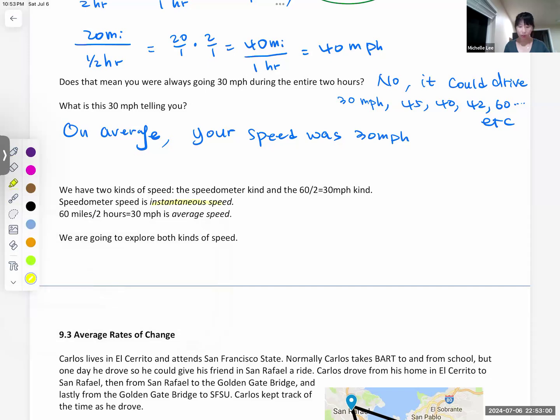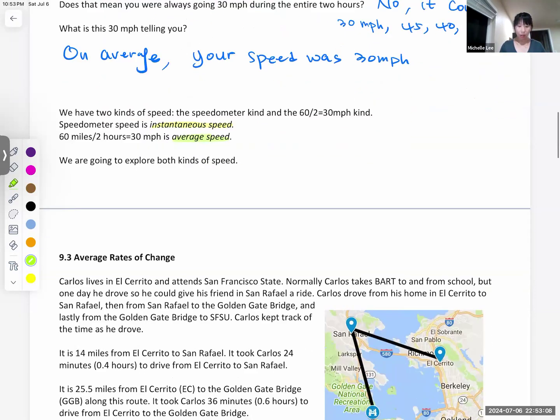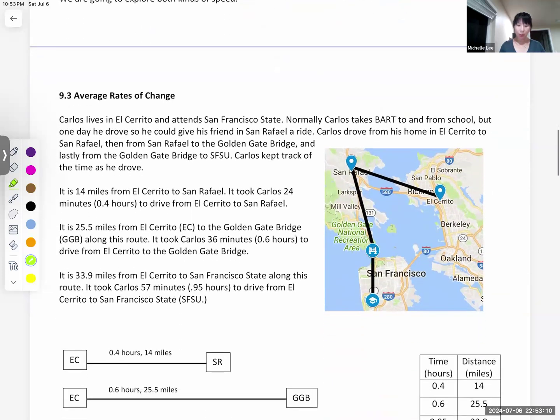So: instantaneous speed and average speed. Make sense? Now we have rate of change, so it's average rate of change. Rate is the same as speed in that case.